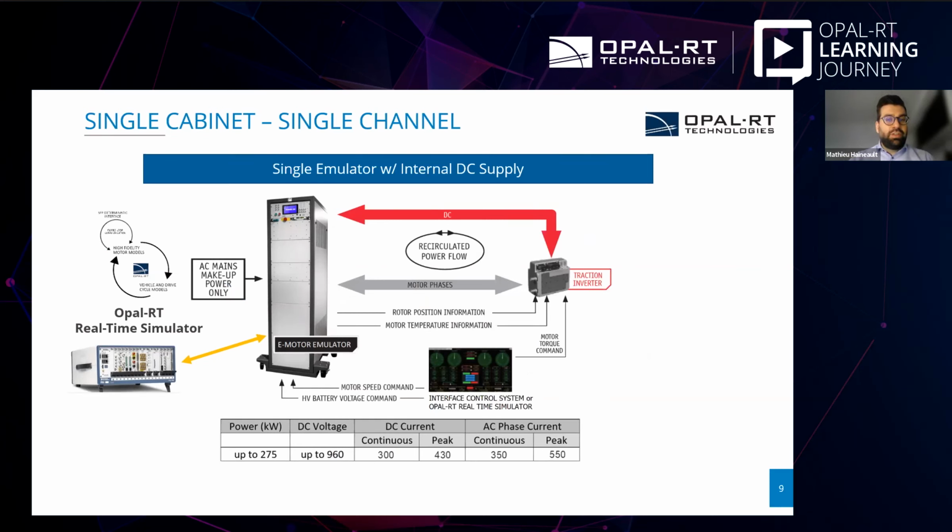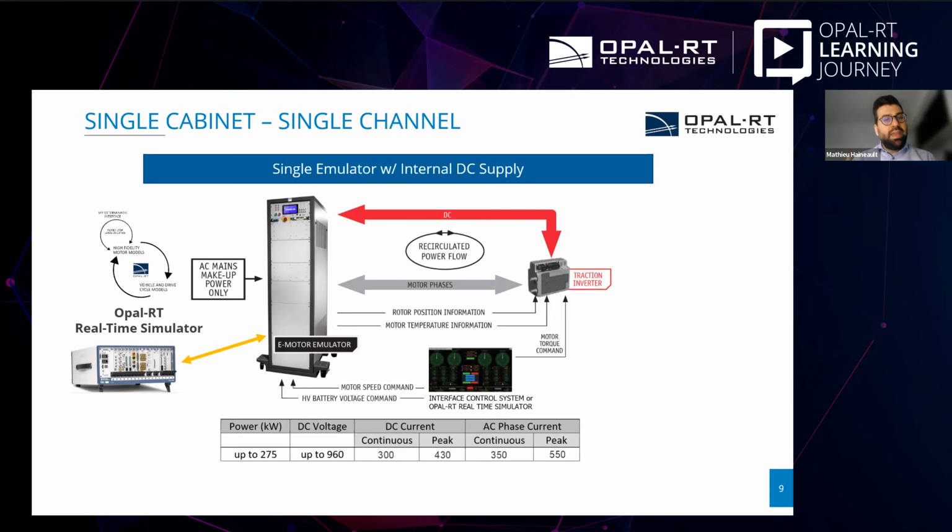The DC voltage to the traction inverters is 960 volts, which gives you a DC current of up to 300 amps with a peak of 430. On each AC phase it is 350 amps with a peak of 550. This is for the main single channel cabinet.